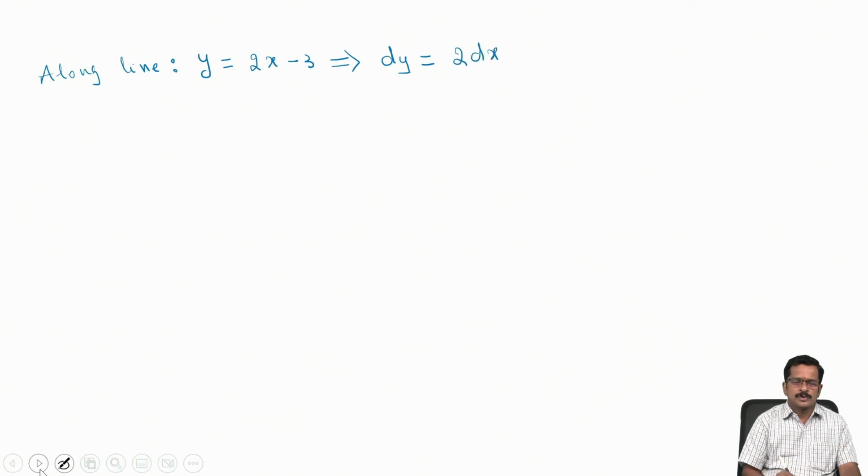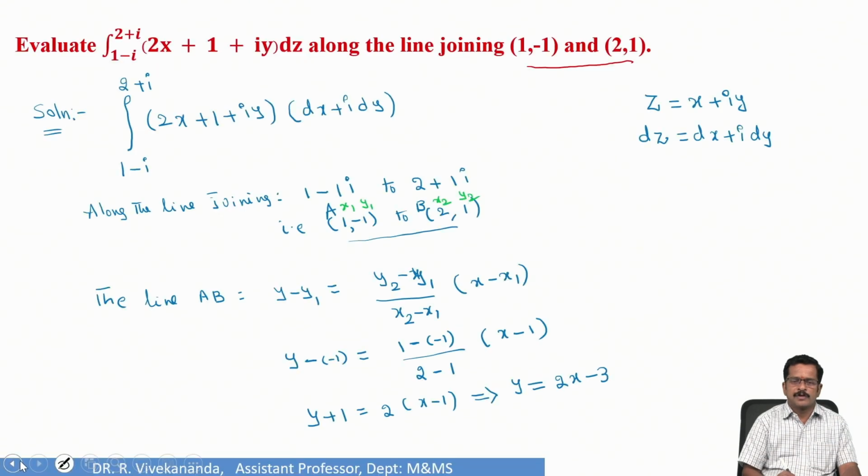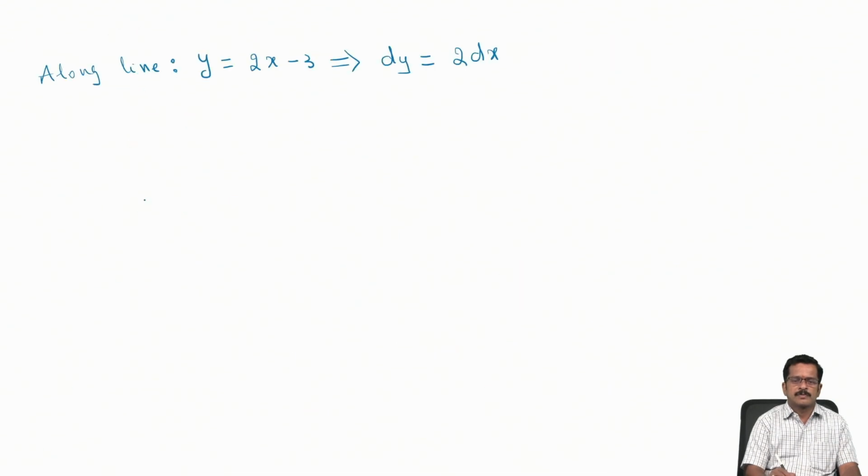Similarly, I am going to reduce the given integrand into a single variable by substituting. The given integral is the integration of (2x plus 1 plus iy) into (dx plus i dy).